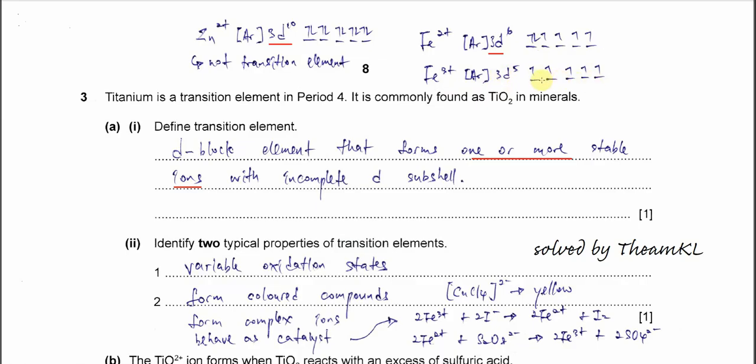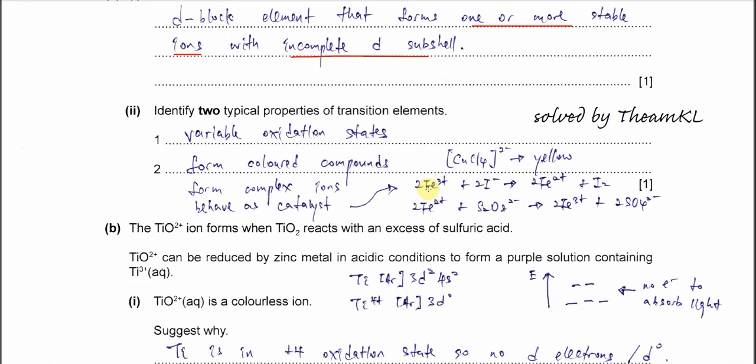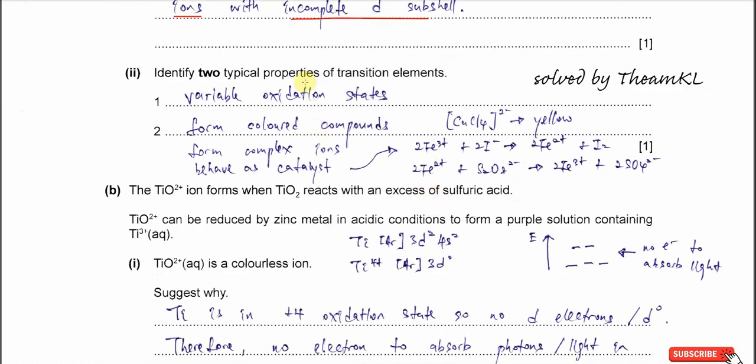Therefore we can say that iron is a transition element, because it can form more than one stable ion, and at the same time these ions have an incomplete d subshell. Part 2: identify 2 typical properties of transition elements.